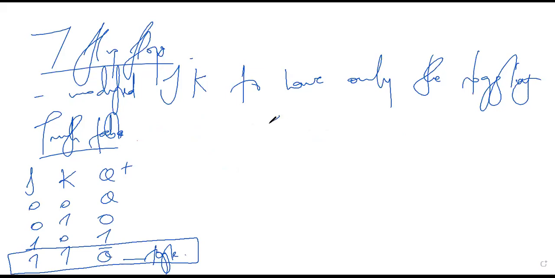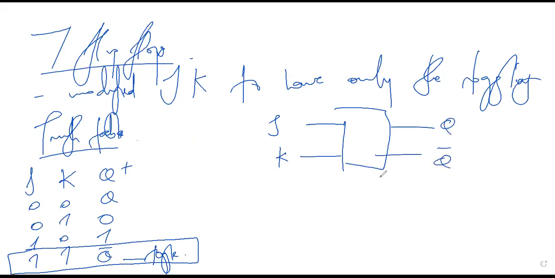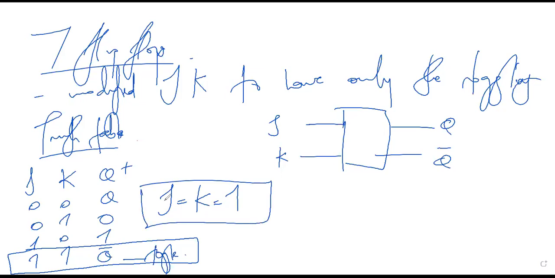We take our JK with two inputs. So we have Q and outputs Q bar. How do we modify this? J = K = 1 is the toggle mode.